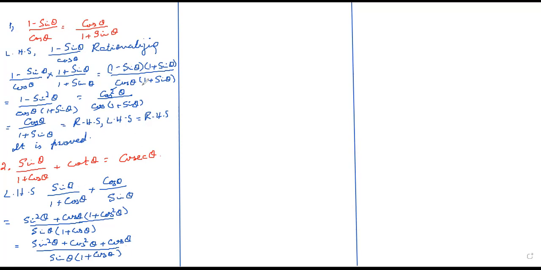So it equals sine square theta plus cosine square theta, which is 1, plus cosine theta as it is, divided by sine theta times (1 plus cosine theta). So 1 plus cosine theta cancels with 1 plus cosine theta. We are left with 1 over sine theta, which equals cosecant theta.